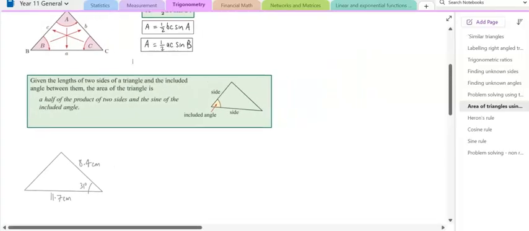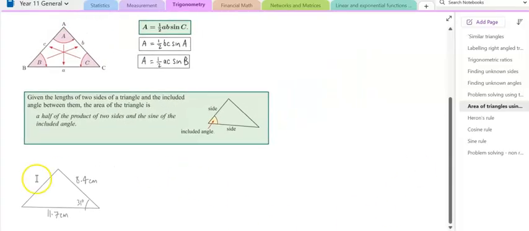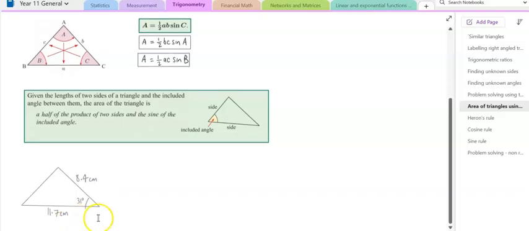I'll have a triangle with two side lengths given, 8.4 centimeters and 11.7 centimeters, and the included angle, which is 31 degrees. So let's go ahead and label the vertices or the angles there. So let's start here with A, B, and C. Capitals, opposite those vertices or those angles are our lowercase.